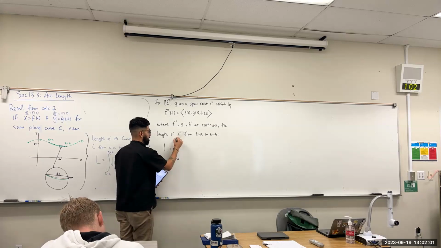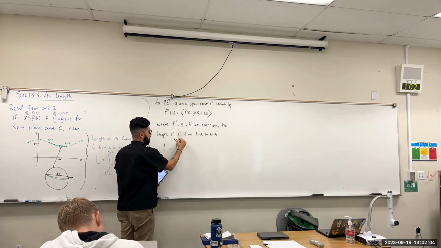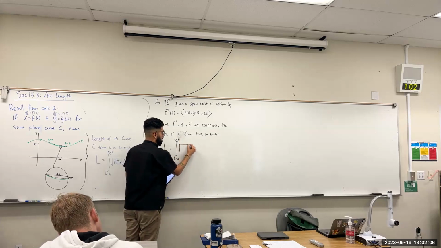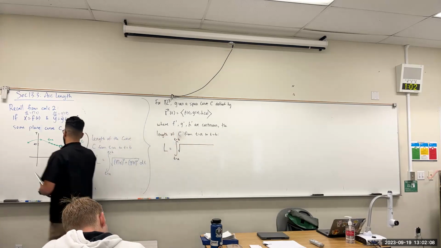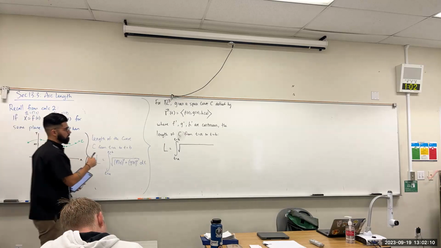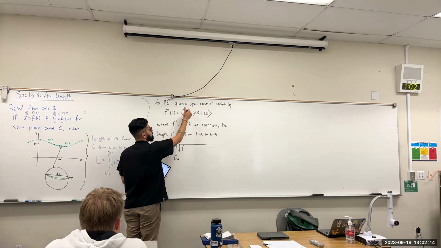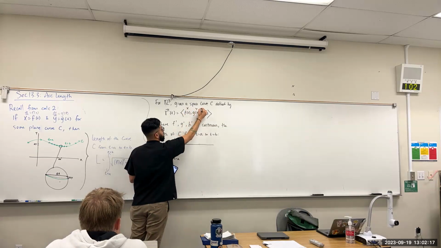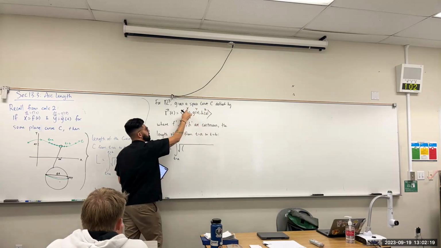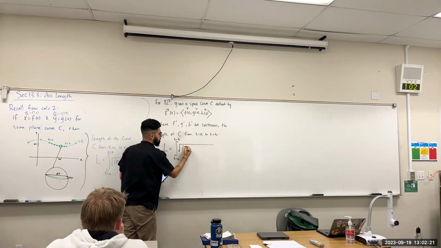But now we're going to add a little bit more of this vector notation in a little bit. So I do the same thing I did here, this method here, we're going to add all these infinite sums of these small little distances. But now it's going to be the change in x, right? This is the x, this is the y, this is the z. And the change in x with respect to t is just f prime.